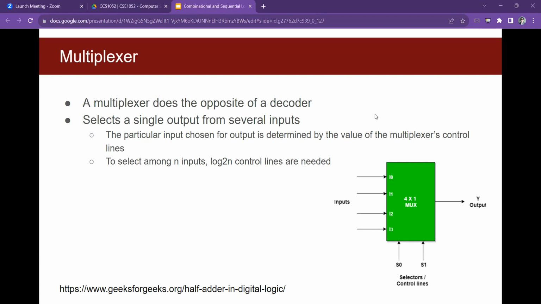If there are two control lines, then there will be only four inputs. We cannot increase or decrease. There should be four input lines if there are two control lines, right?